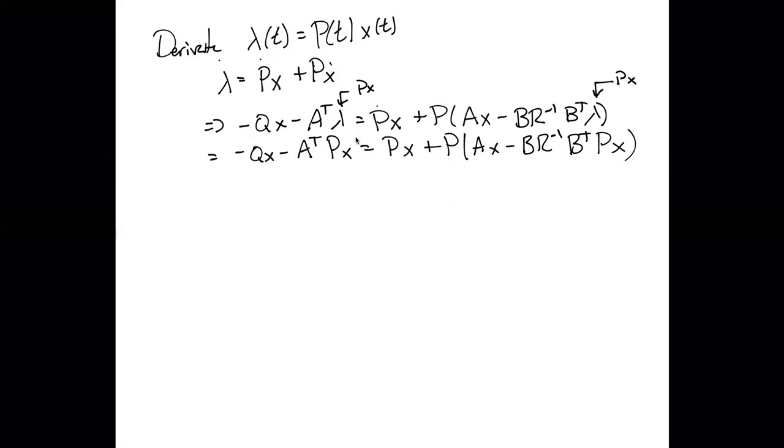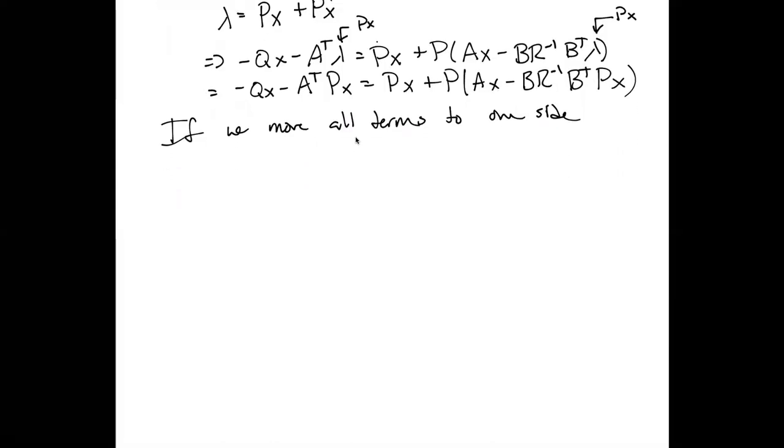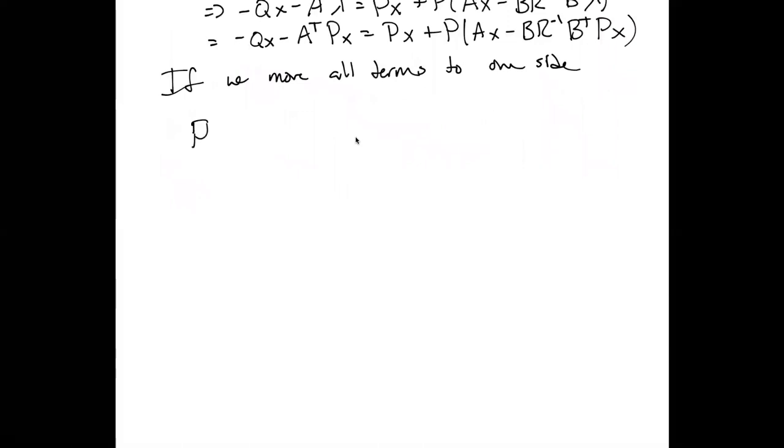All right, so now if we move all the terms to one side, we'll get the following. We'll get P dot plus PA plus A transpose P minus P B R inverse B transpose P plus Q, times x, is equal to 0.